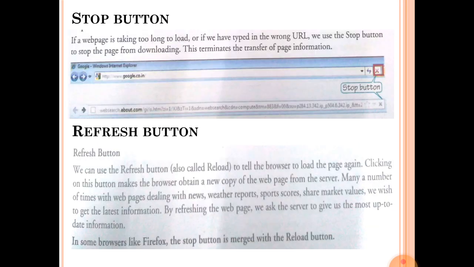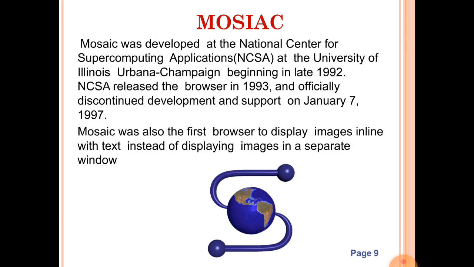Next, I have explained Mosaic. So you can read it. Mosaic was developed at the National Center for Supercomputing Applications, NCSA, at the University of Illinois, Urbana-Champaign, in late 1992.